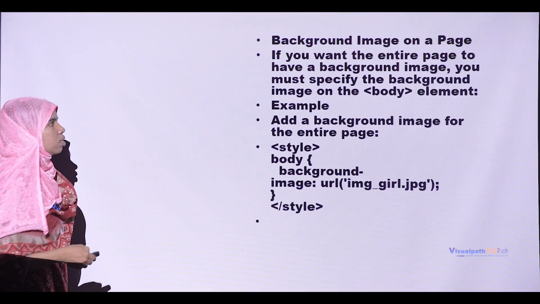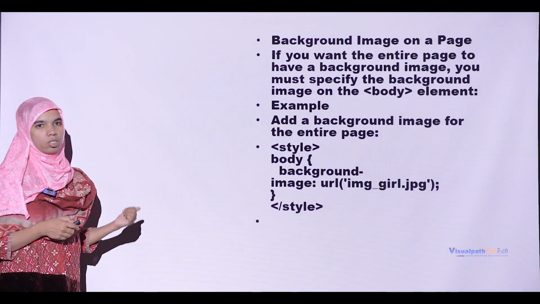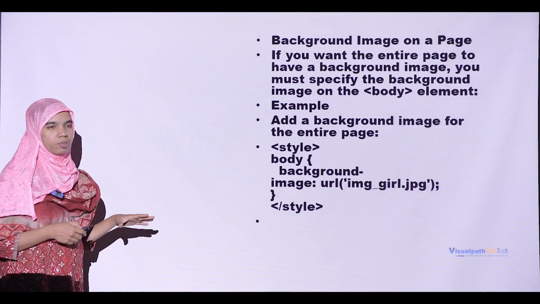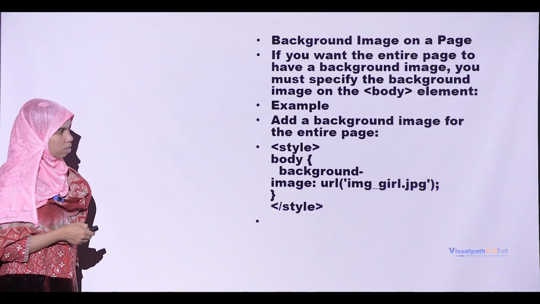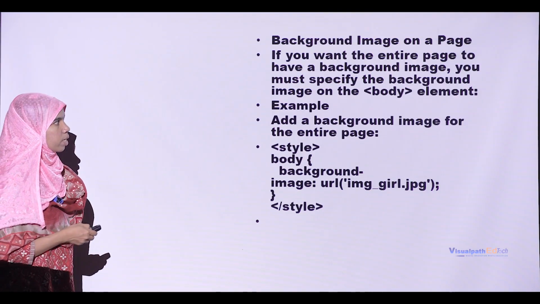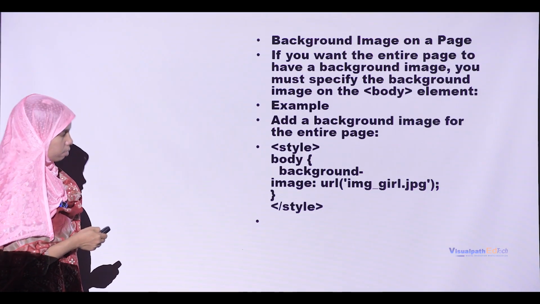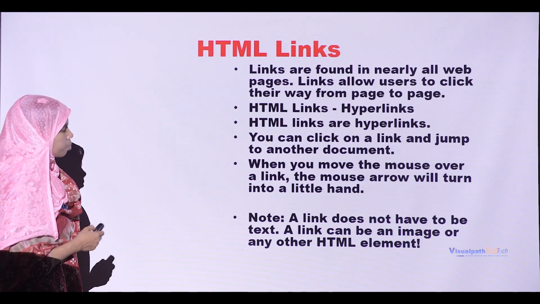So you can give background images separately for the head section, the paragraph, and the body section. Based upon the need, you can make use of this CSS attribute called background image, depending on availability.